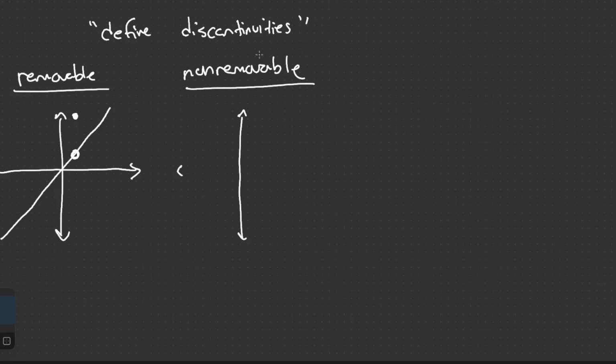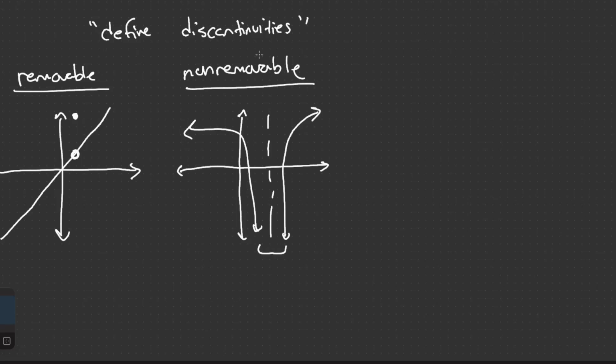A non-removable discontinuity would be, you might have already guessed, something like an asymptote. Let's say there's an asymptote here. It goes like this. It can be anything. It can be like this. You get the idea. But that's a non-removable discontinuity. It's defined along a big gap. There's some gap that's not a hole.